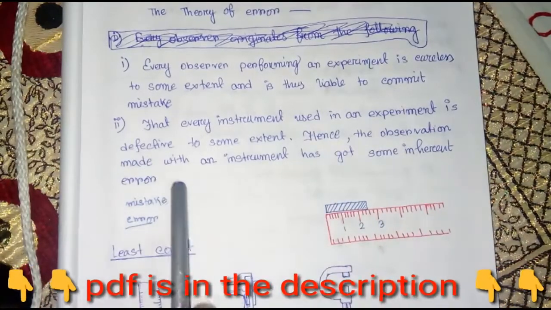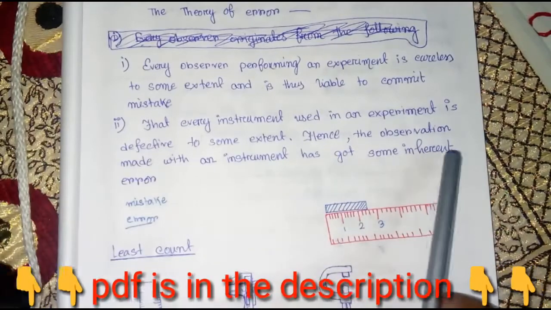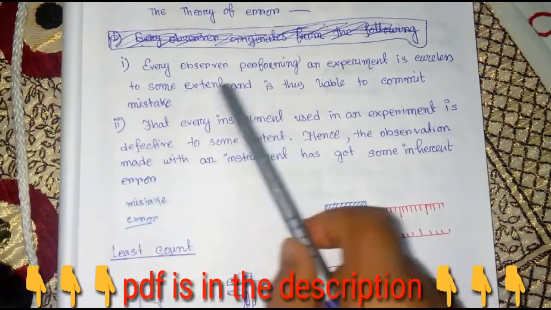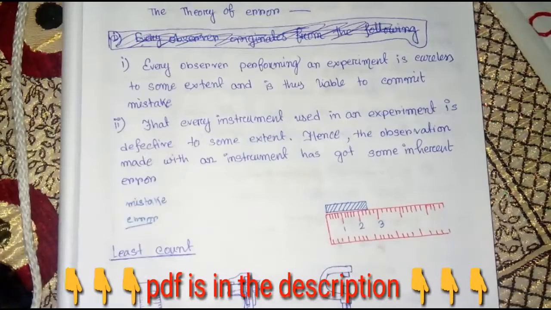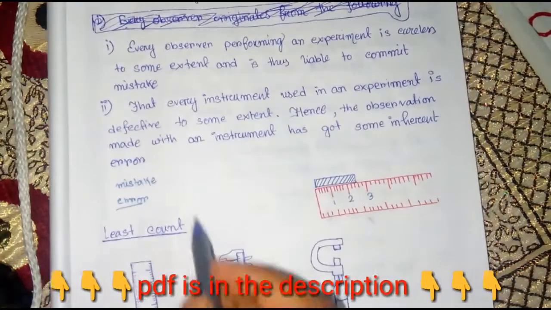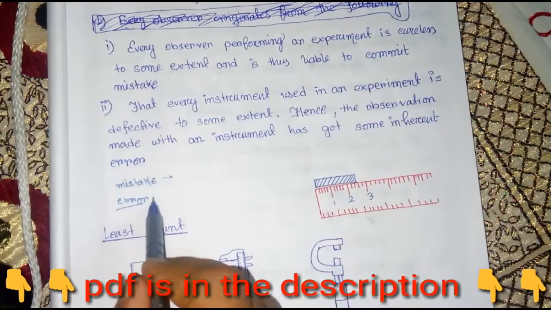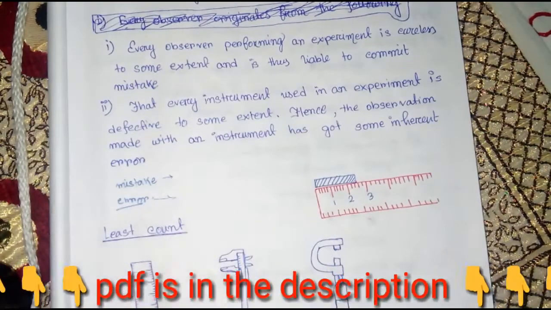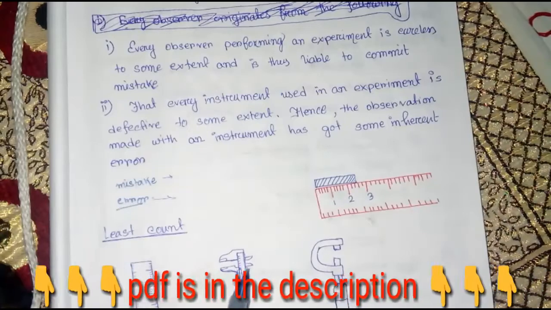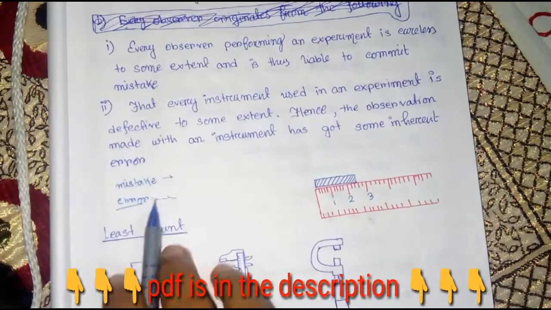Hence, the observation made with the instrument has some inherent error. So these are the two theories of errors. Let's see what the mistakes are. Mistakes can happen by the experimenter only, and the error can be instrumental or from the experimenter.